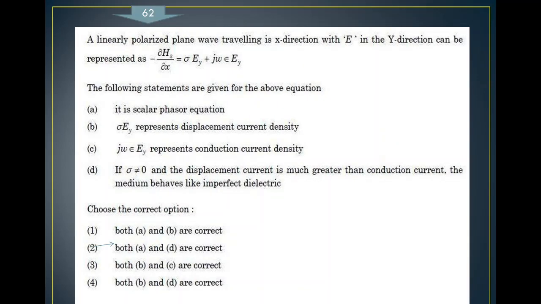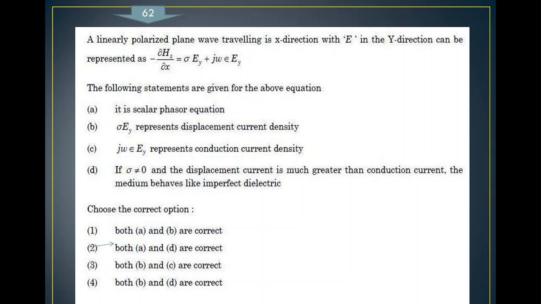Next question. A linearly polarized plane wave traveling in x direction with E in the y direction can be represented as minus del Hz upon del x equal to sigma into Ey plus j omega epsilon Ey. Which of the following statements are correct for the above equation? Statement A, it is a scalar phasor equation.